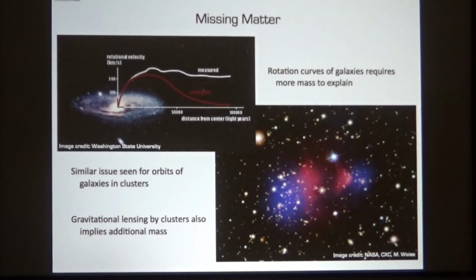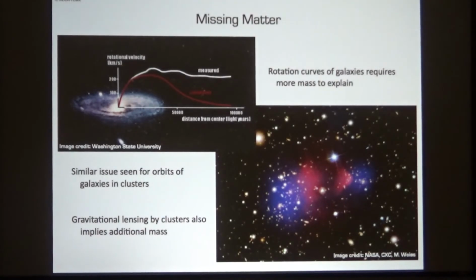What you'd expect, given the amount of mass that you've determined to be in that cluster or in that galaxy, based on the stars you see or the total amount of light, is that the further away from the centre of this object you are, where the mass is concentrated, the slower these things should be rotating. It's not what we see. We see that it doesn't trail off at all.